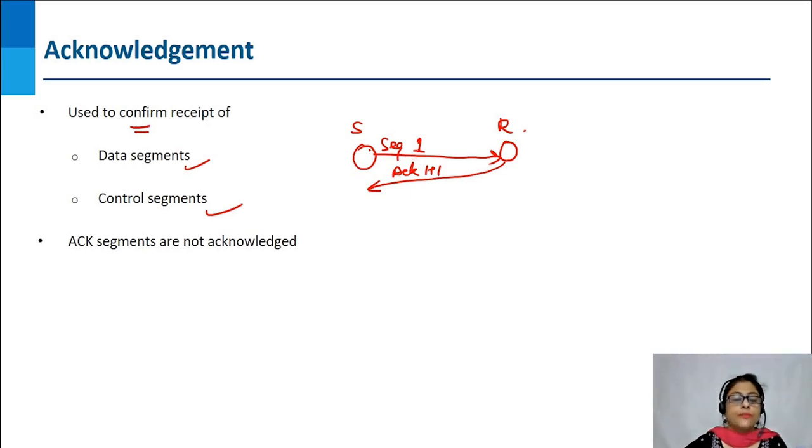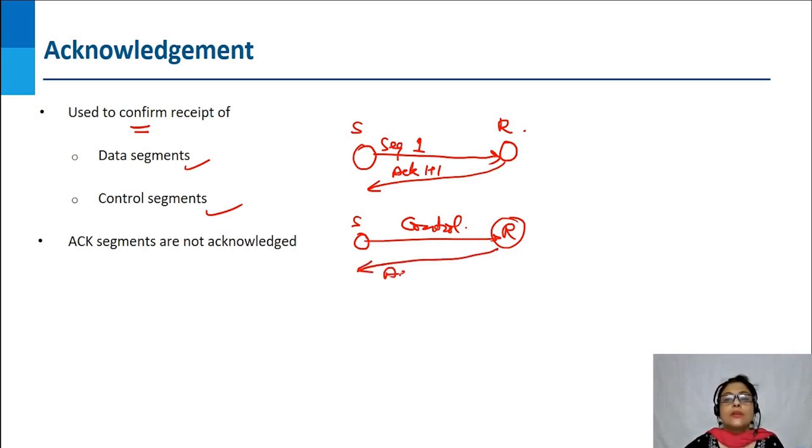It can also happen that the sender is sending some control information to the receiver. There also the receiver must send some acknowledgement of the control information. Acknowledgement segments are not acknowledged.